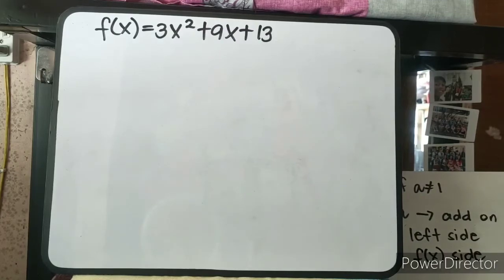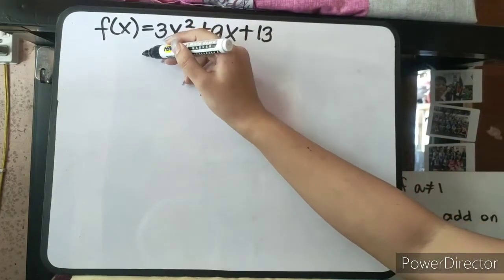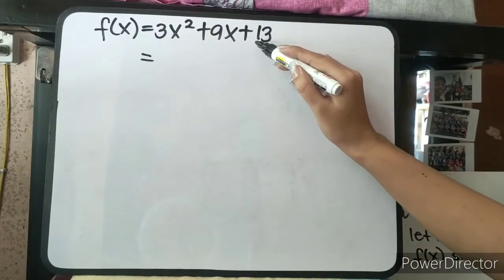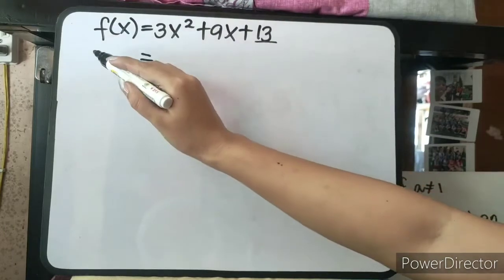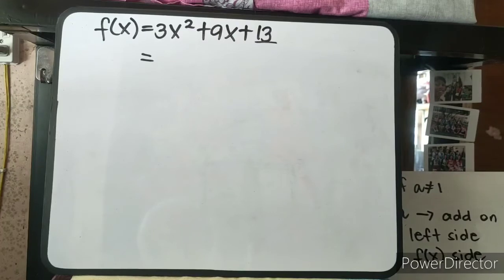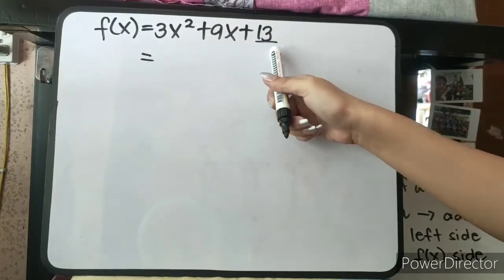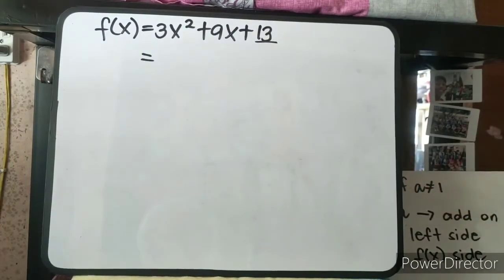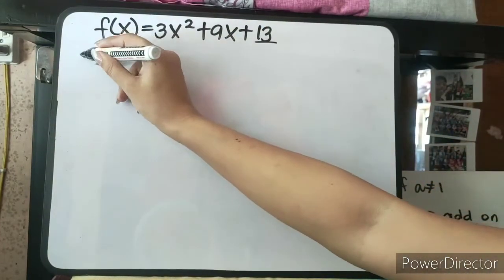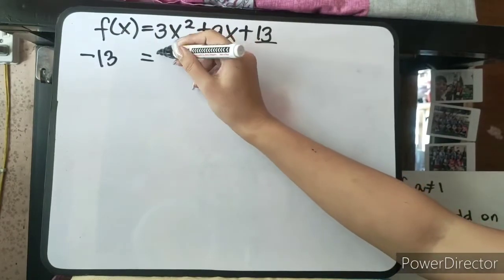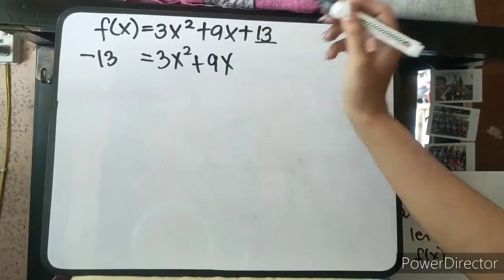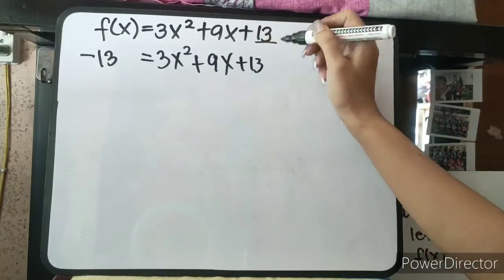Ngayon, ang una nating gagawin ay ililipat natin sa kabilang side, sa side ni f of x, or we will be adding or subtracting 13, kasi plus 13 to, para maging 0, we will subtract 13 on both sides para yung ating constant ay mawala dito sa right side natin.